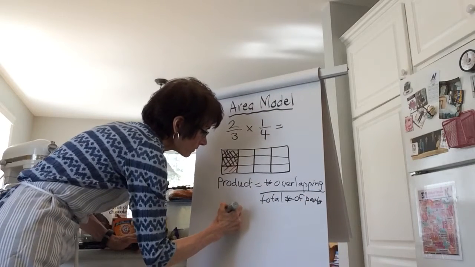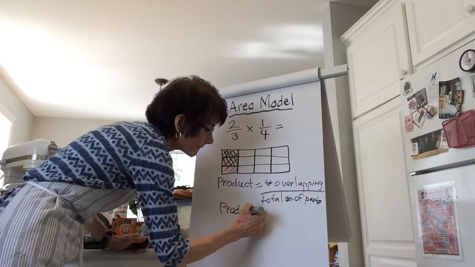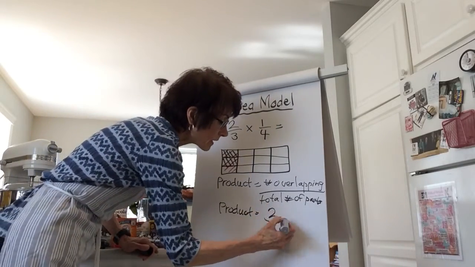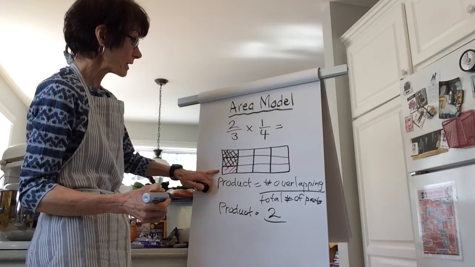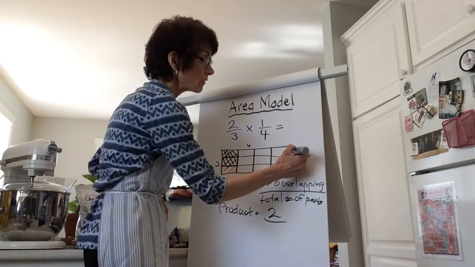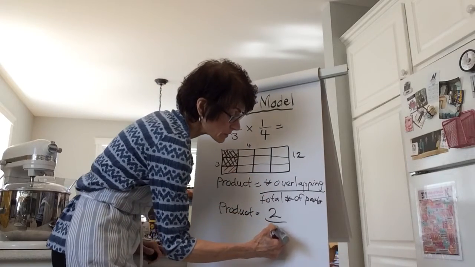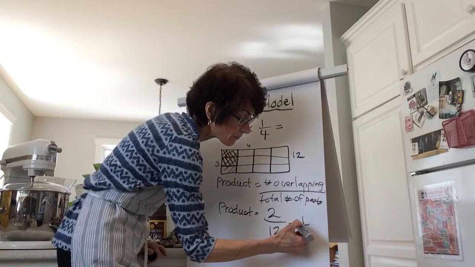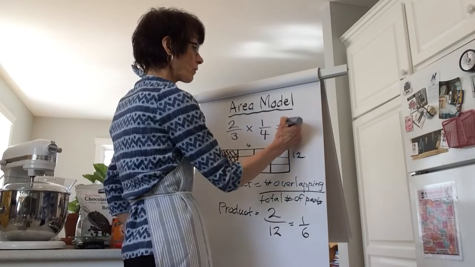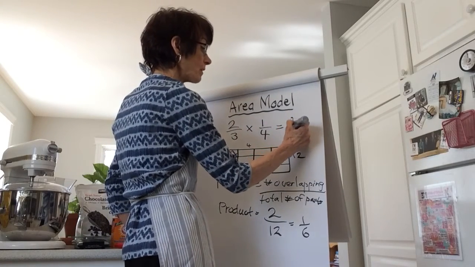So our product will be, our overlapping we see is 2. And our total number of parts, we have 3 in this direction, 4 in this direction. That gives us 12 full parts. So it's 2 over 12, which we could simplify if we wanted to 1/6. So 2/3 times 1/4 is 2 over 12.